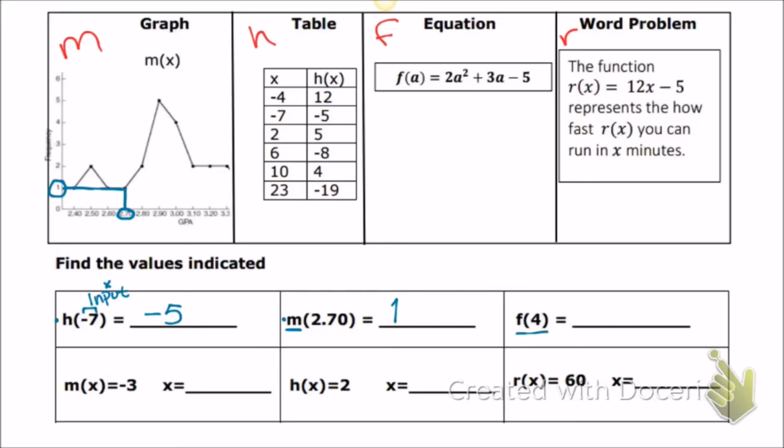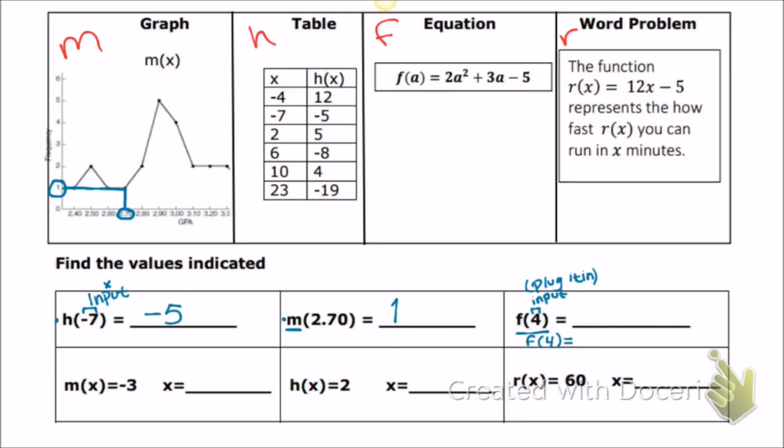Alright, F of 4. This time we're going to be using the equation. This is the input. What do we do with the input? Well, we plug it in. We're going to plug it in our equation. So we're going to write F of 4 equal. Anytime you encounter an A, instead of writing A, we're going to write the input, which is -4.